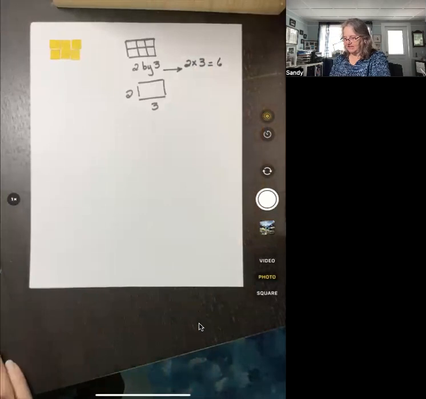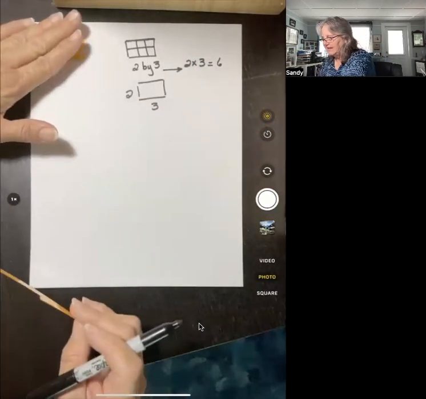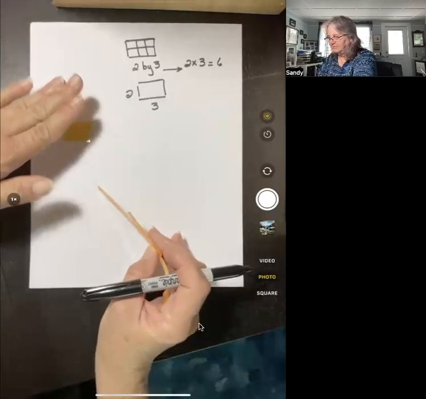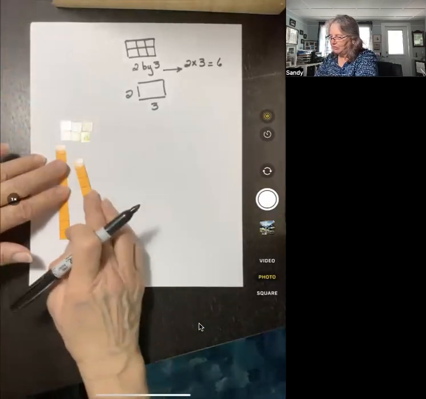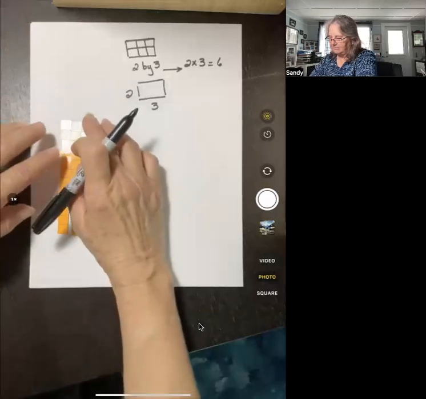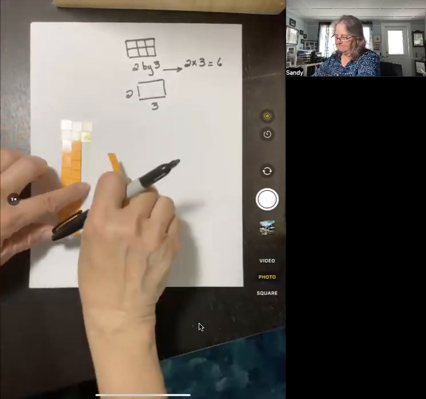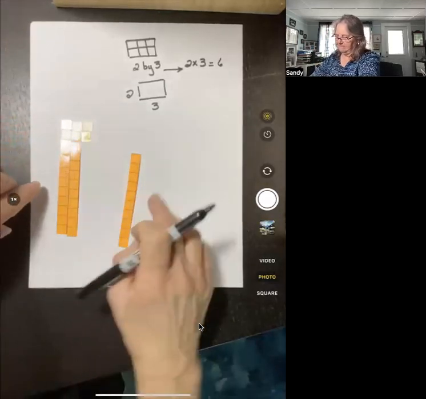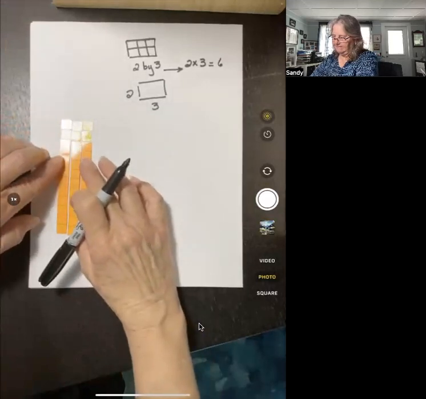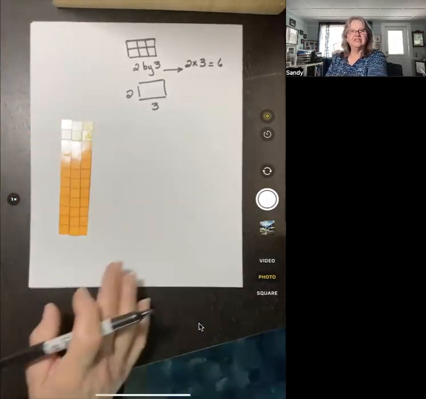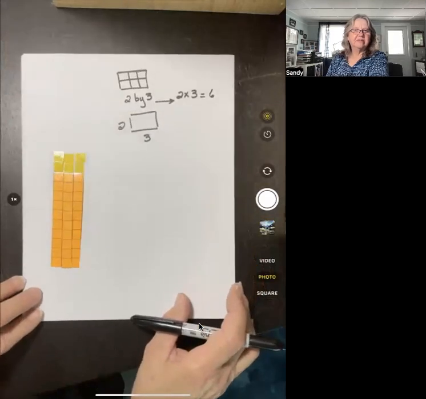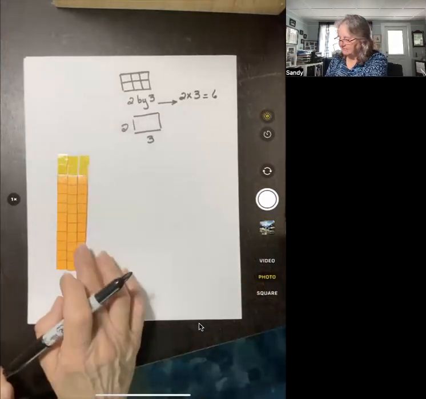Now we can transition. Let's say, I'm just going to shift these down a little bit. Now I want to look at a 12 by 3. Okay, now do you see the color? Hopefully that glare's not too bad. See the color difference there?